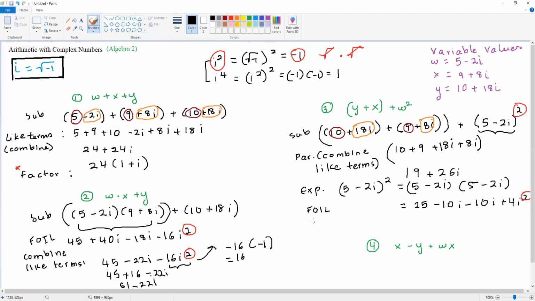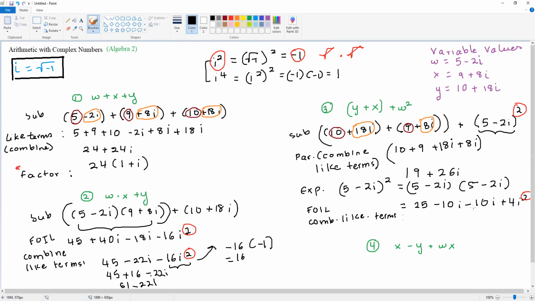Then we're going to combine like terms. I'm just going to abbreviate it now. Like terms. And then what we're going to do is combine, obviously.